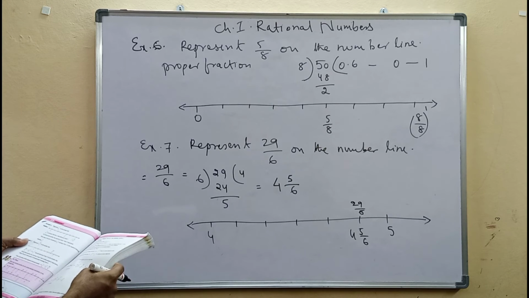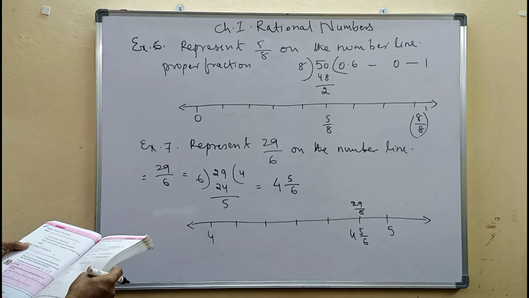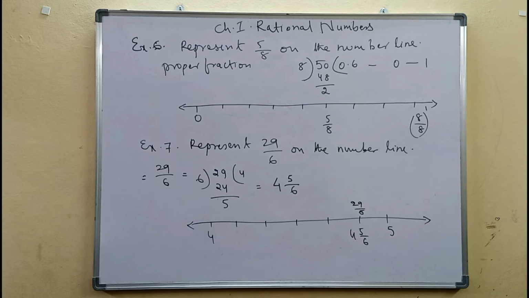This is the place of the required rational number, 4 plus 5 by 6, 4 5 by 6, or 29 by 6. Please note down, children.